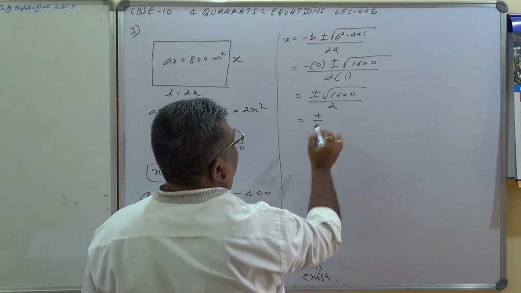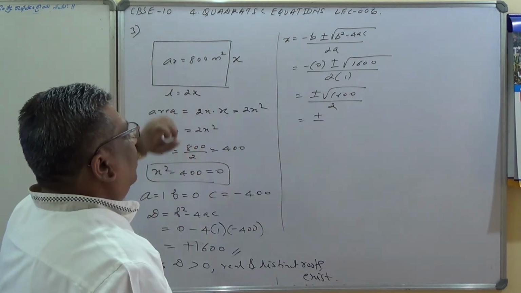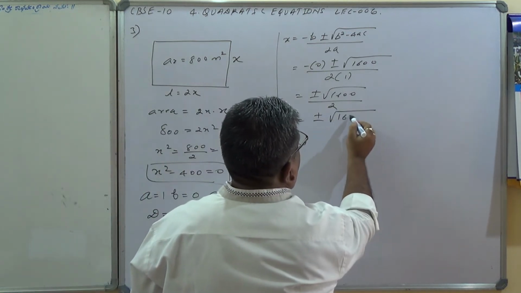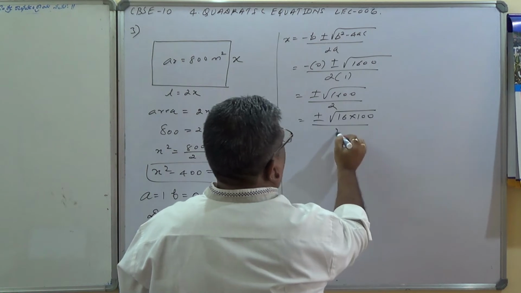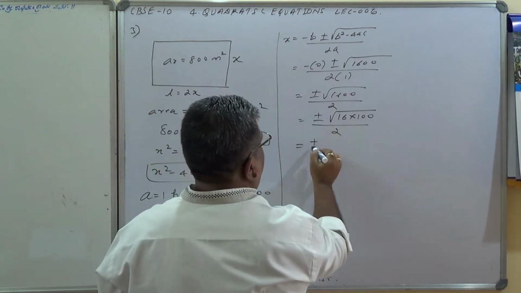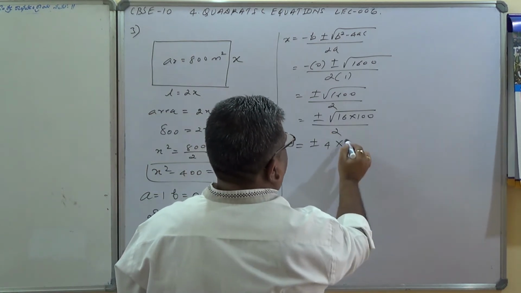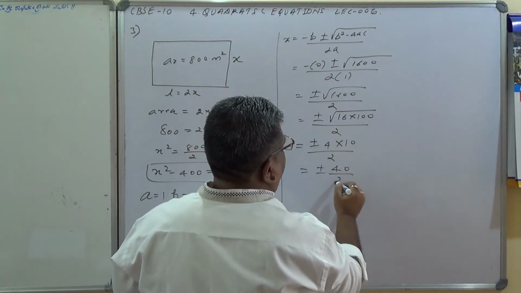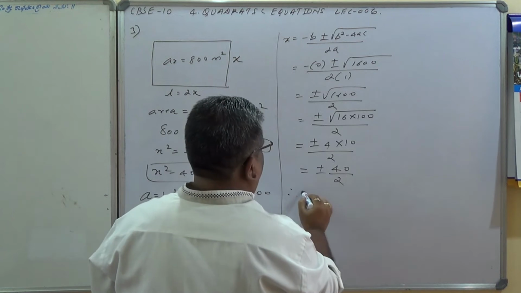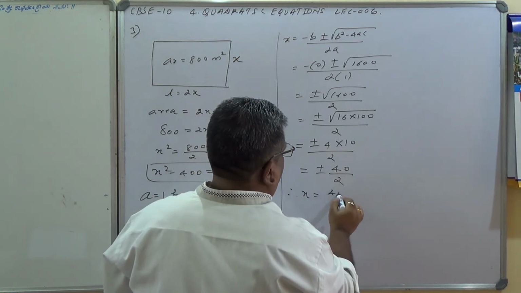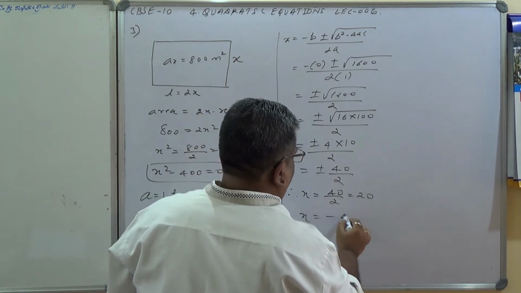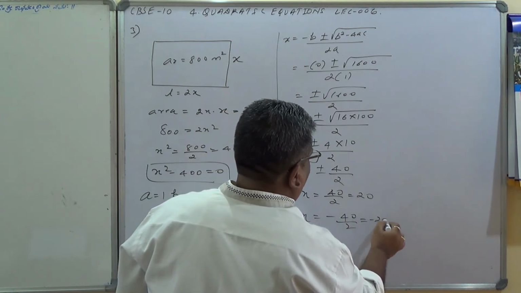I can write 1600 as 16 into 100, the whole divided by 2. 16 comes out as 4 and 100 comes out as 10, divided by 2, which equals plus or minus 40 divided by 2. Therefore, x equals 40 by 2, which is 20. Also x equals minus 40 divided by 2, which is minus 20.